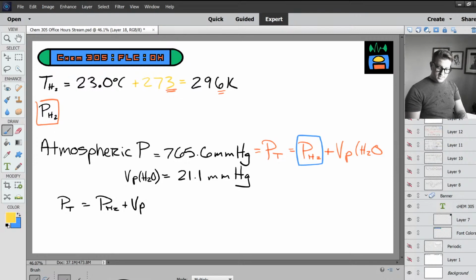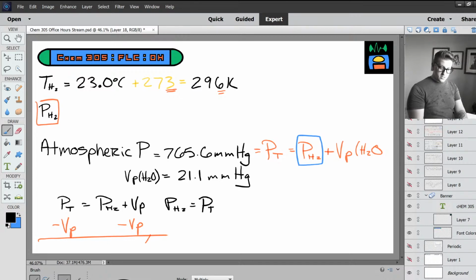We need to subtract vapor pressure of water from both sides of this equation to find the partial pressure of hydrogen. So partial pressure of hydrogen is equal to the total pressure, which is atmospheric pressure, minus the vapor pressure of water. This is 765.6 millimeters of mercury minus 21.1 millimeters of mercury.